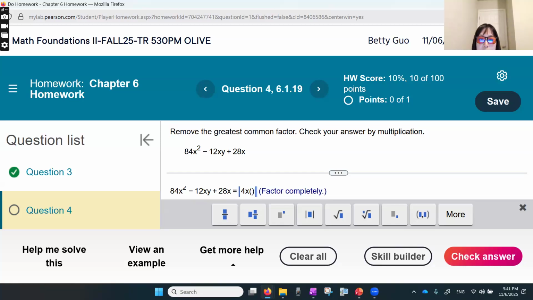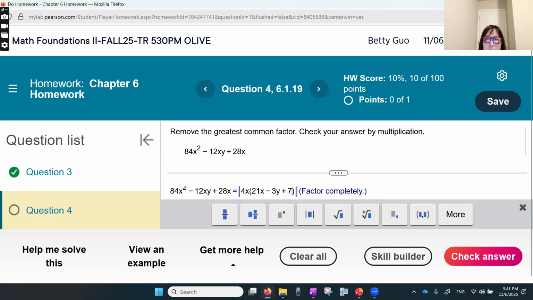And inside the parentheses, 84 divided by 4 is 21. X squared over x is x, because you factor out 1x, you have 1x left, right? And minus, second term, 12 divided by 4 is 3. You have x out, you have a y left. The last term, you have 4 out, you have 7 left. You have x out.